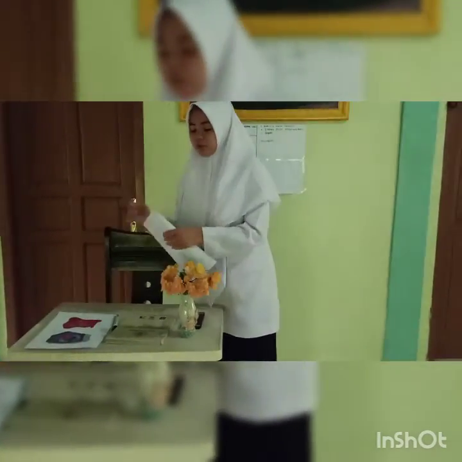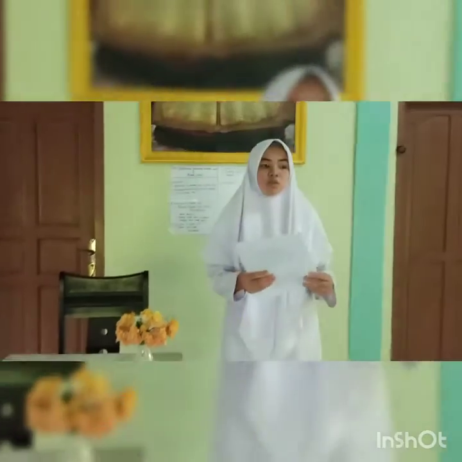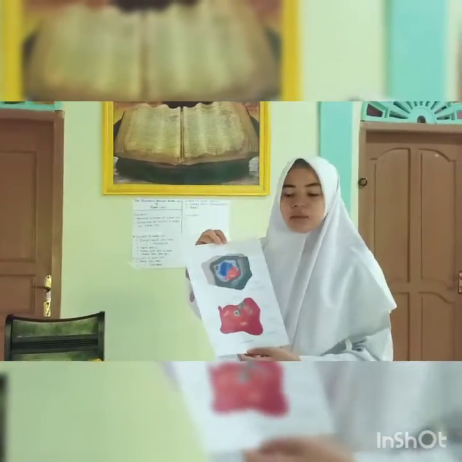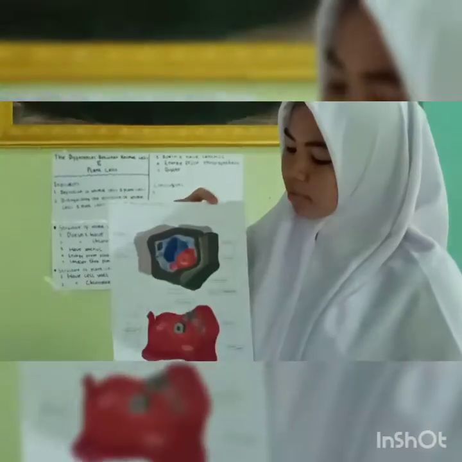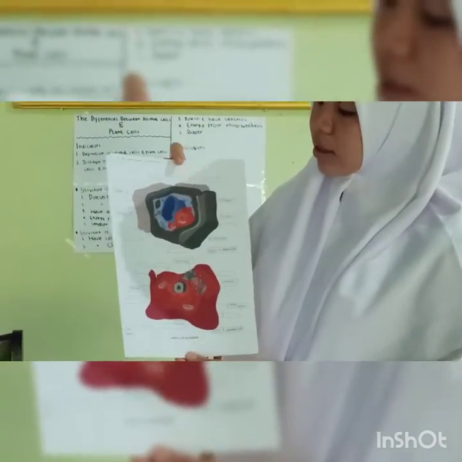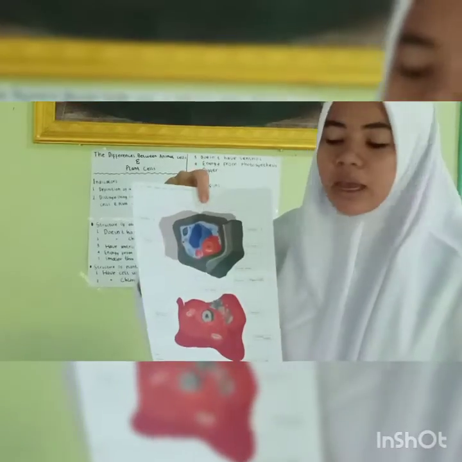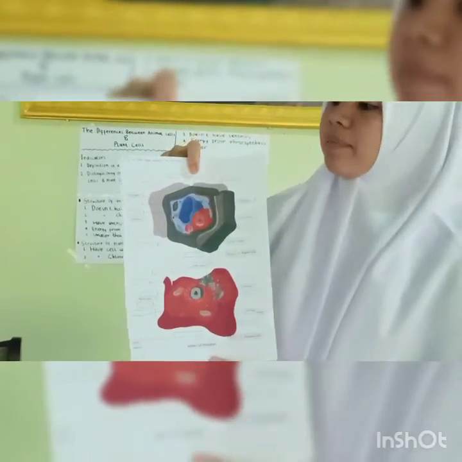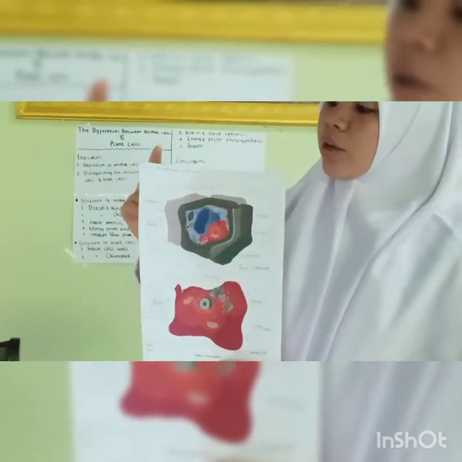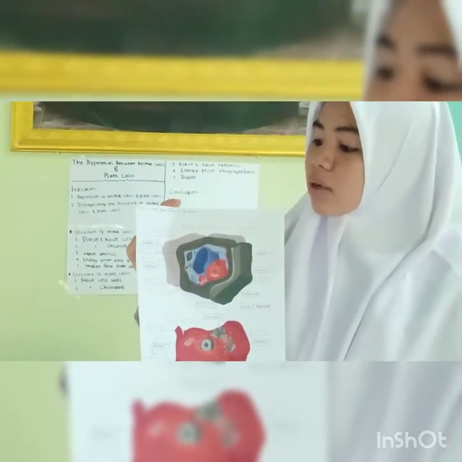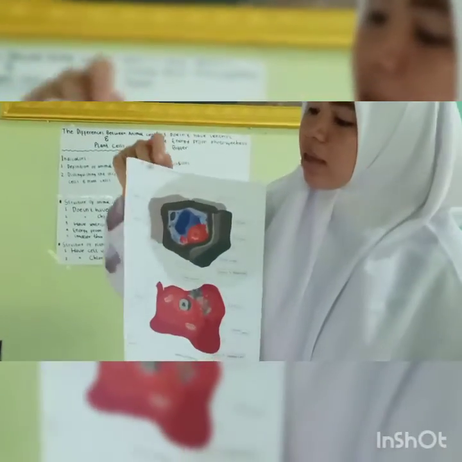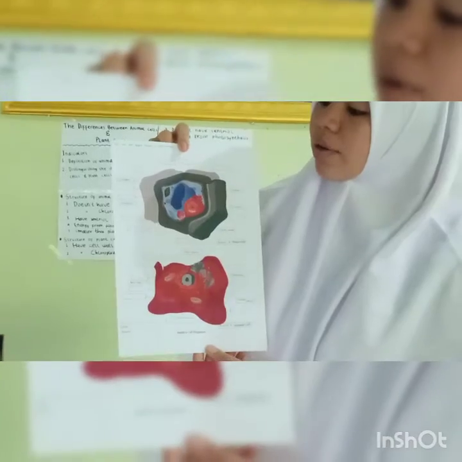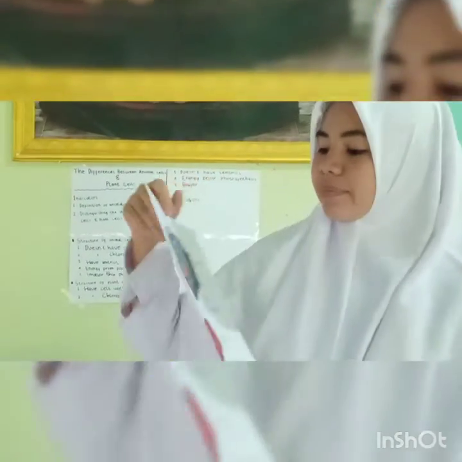I will give you 2 worksheets, and this is the first worksheet. Please all see here. You see this? So this is the picture. Picture A is plant cell, and picture B is animal cell. You can fill in the blank boxes in this picture. So you see here, there are some blank boxes in this picture, and you must fill this with the right answer.